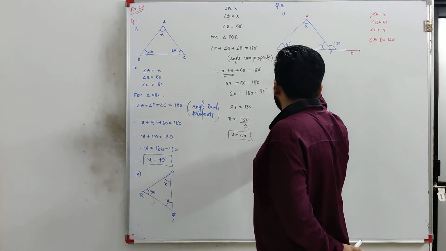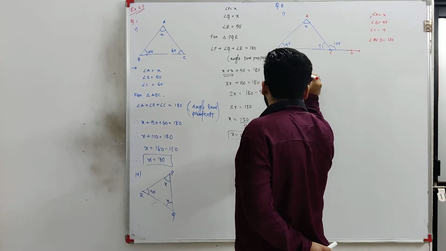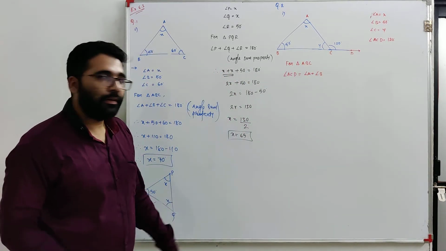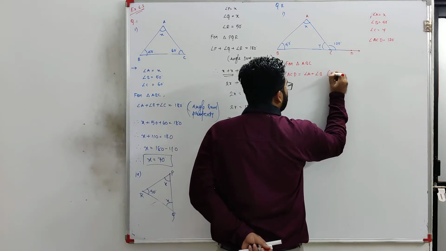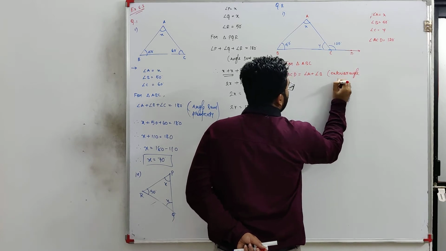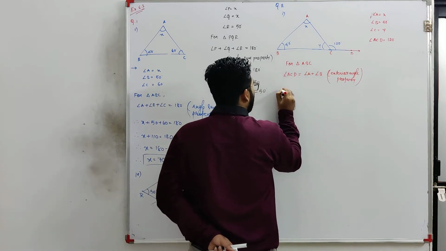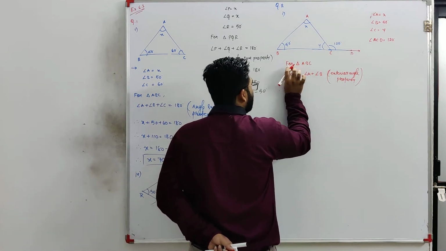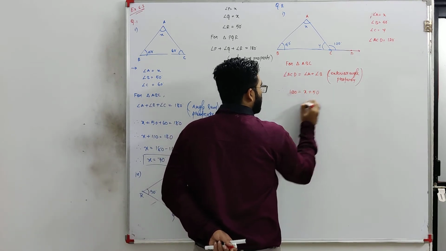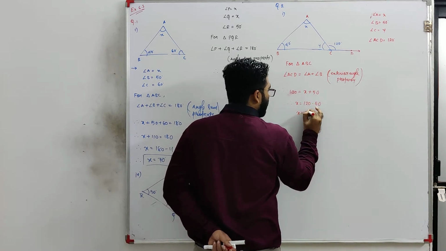For triangle ABC, angle ACD is equal to angle A plus angle B. Why? Exterior angle property. Therefore, 120 is equal to x plus 50. So x is equal to 120 minus 50. So x is equal to 70.